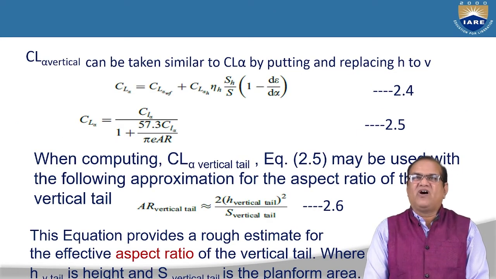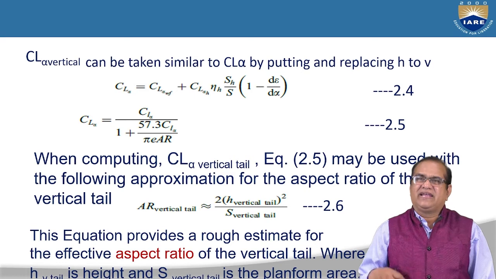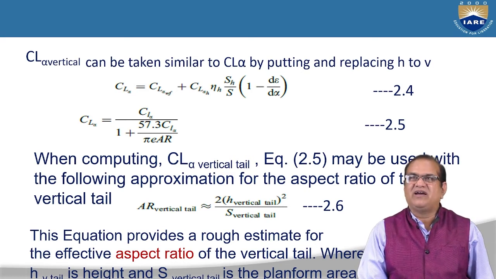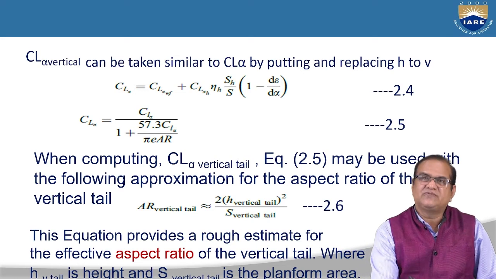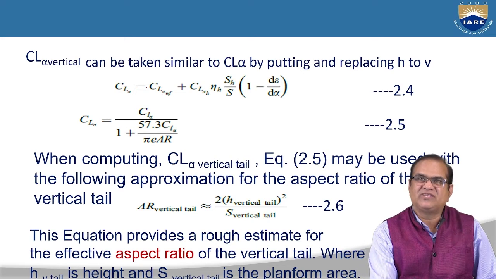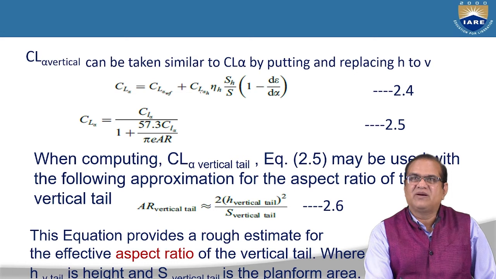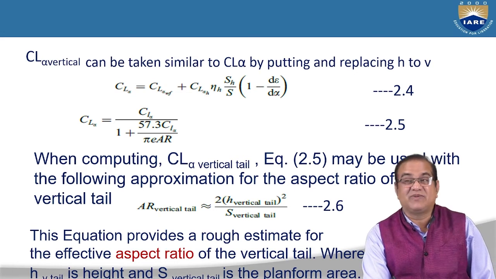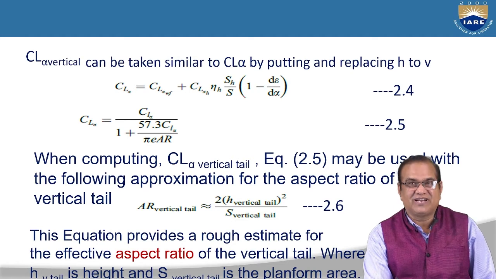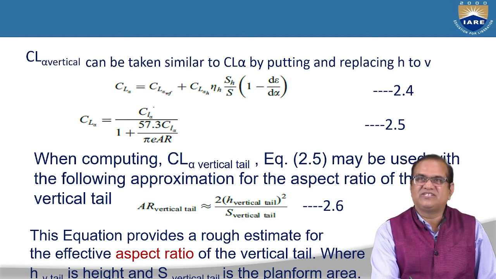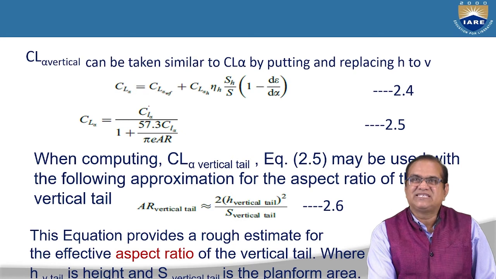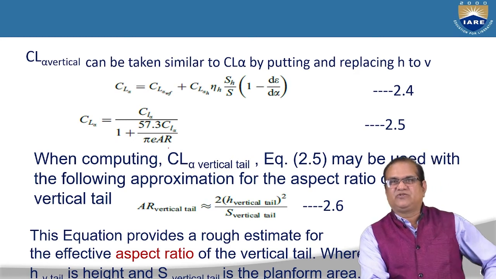Here CL alpha vertical can be taken similar to CL alpha by replacing H with V. This we have done earlier. CL alpha is equal to CL alpha WF plus CL alpha H eta H S_H by S into 1 minus d epsilon by d alpha. Okay, this we have done already. So CL alpha is equal to CL alpha 1 plus 57.3 CL alpha by pi e A, where A is the aspect ratio.